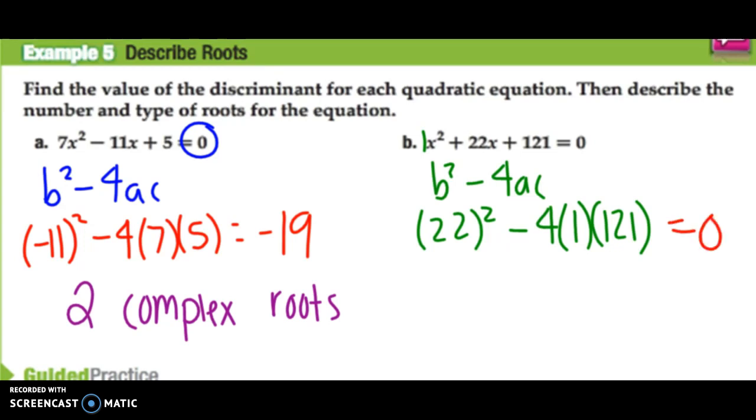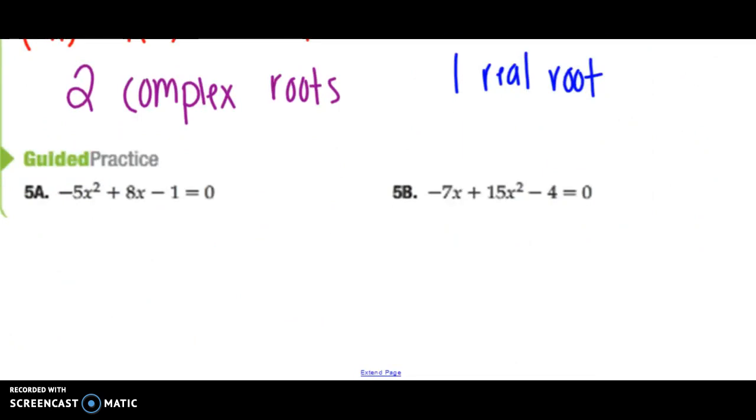And so since this is equal to 0, we said that this has a distinct answer, and that was going to be only one real root. Here's two guided practice problems that you can try now.